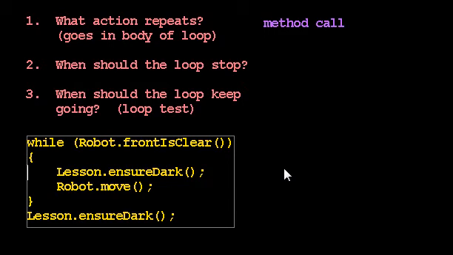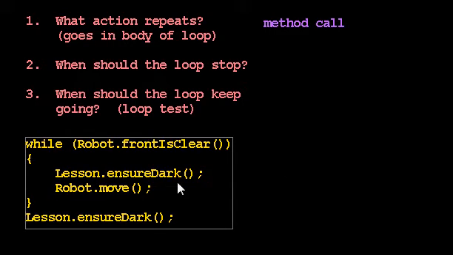Something I'd like to do, a nice little shortcut, is it turns out if the method call that we're making, like ensure dark, appears in the same file as the code that we're currently writing, which this code was, I believe, also in the lesson file, then we don't have to write lesson dot. It's a nice shortcut in Java.